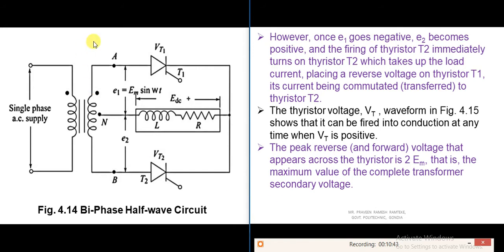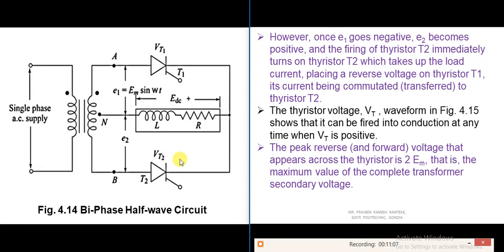Why twice? Because it is a center tap transformer, the output voltage at the secondary winding is twice the input voltage. Hence both SCRs must have a peak inverse voltage or peak forward voltage rating equal to twice the maximum input voltage.